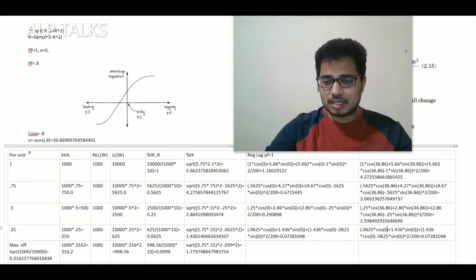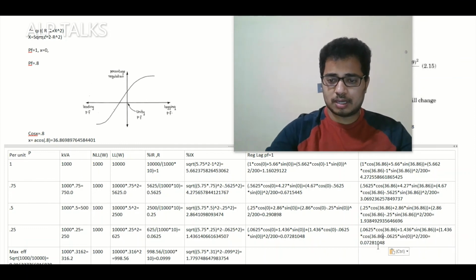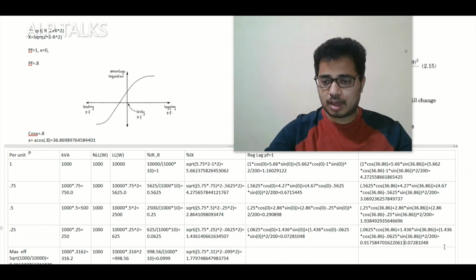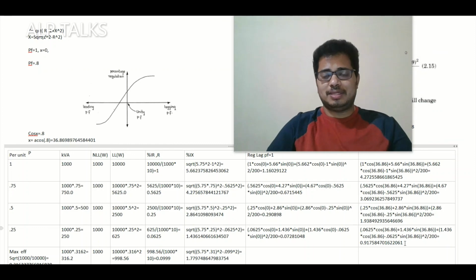So that's what we can understand from this. So let's finish this one. Instead of 0 we have to keep 36.86. So now you can get the value 0.91%. This is about regulation, guys.